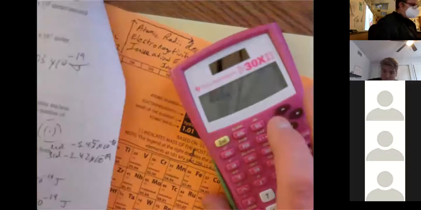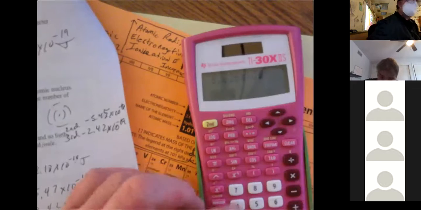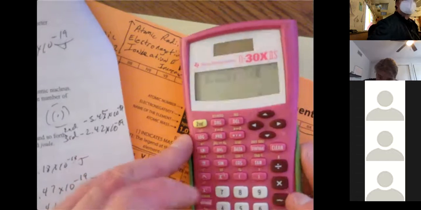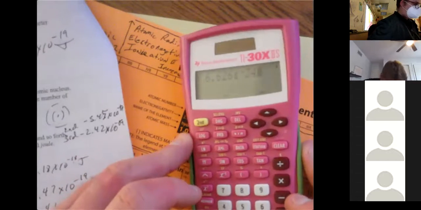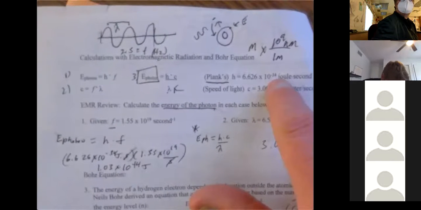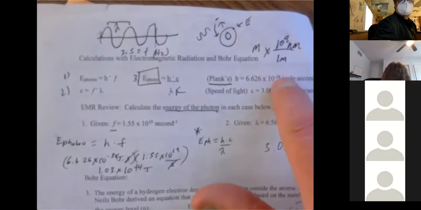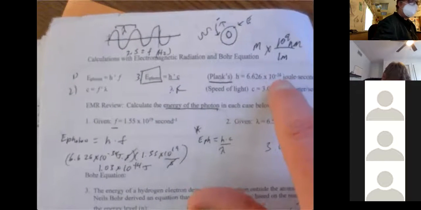All right, so you had to take it times 10 to the negative 34th, right? That's Planck's constant. Did you put that on there? No. Okay, that's why you don't have the times 10 thing that you're asking about.